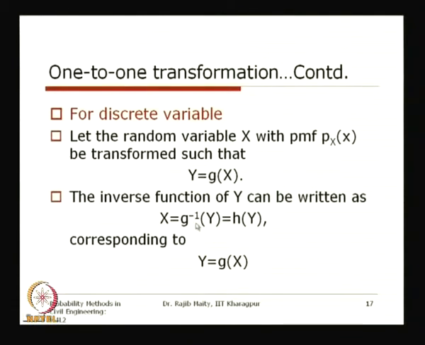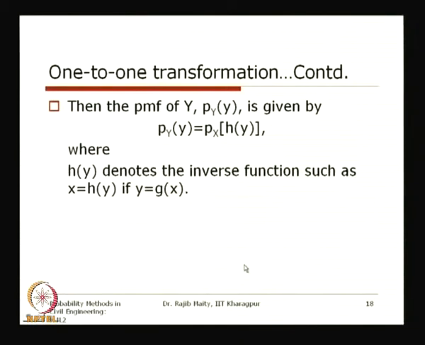If I give a new function h(y), so h(y) equals g inverse of y corresponding to y equals g(x), then the PMF of y, that is p_Y(y), is given by p_X(h(y)), where h(y) denotes the inverse function such that x equals h(y) if y equals g(x). That is, h(y) is nothing but g inverse of y.